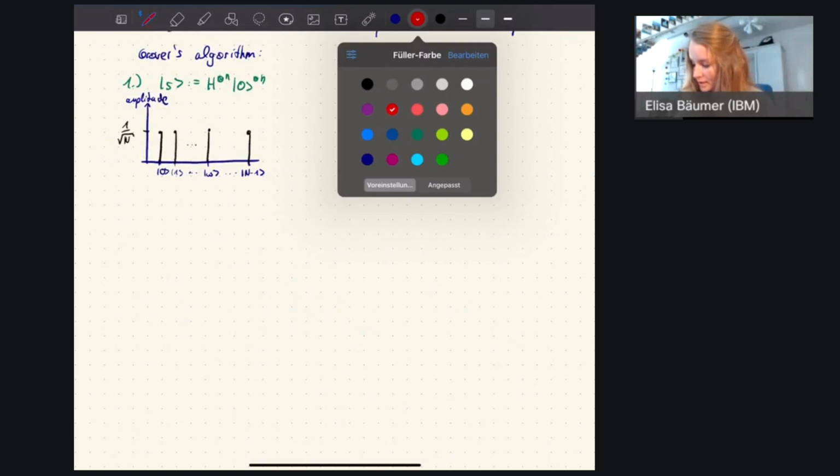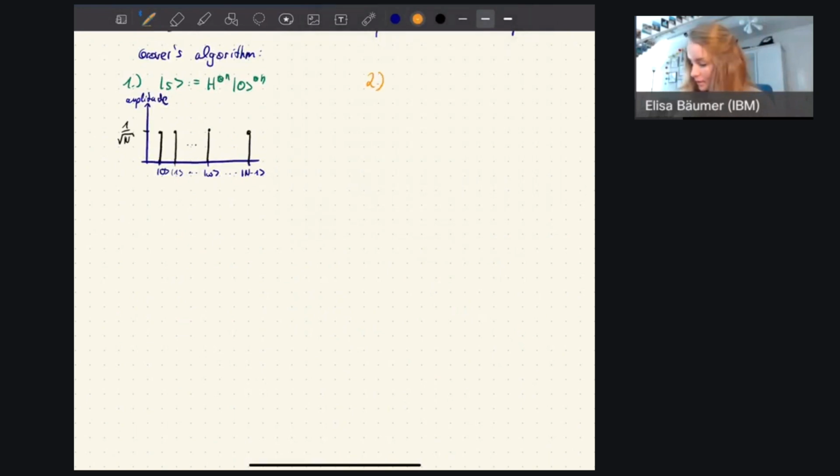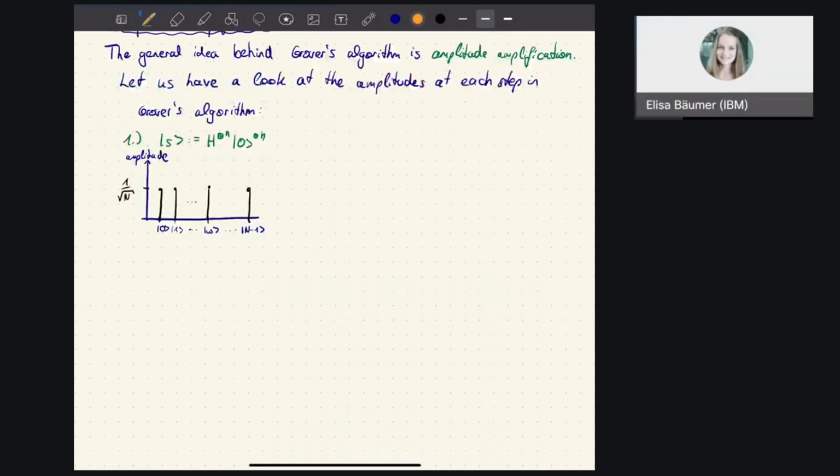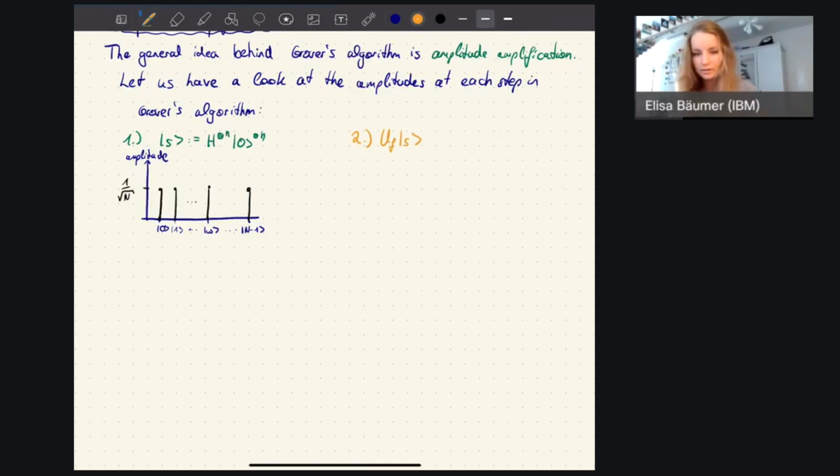Then let's look at the second step. In the second step, we apply the oracle, the phase oracle UF, to our state S. We get identity minus 2 times projector onto W, applied to S. Okay, let us now see what happens once we apply the phase oracle to our state.